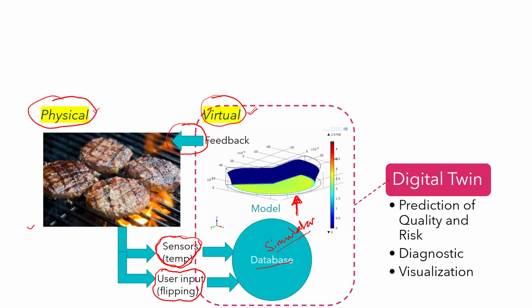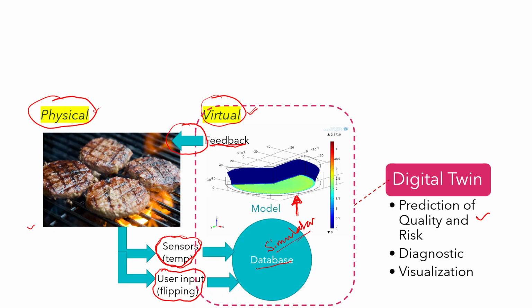So then this is going to be called the digital twin. You can see the red dash. This part is now going to be called digital twin. It has the connections to the sensors, user input, and feedback. This is the important part, feedback to actually control the process. So we can set it up for quality and risk, that is the microbiological risk, and any other aspects.